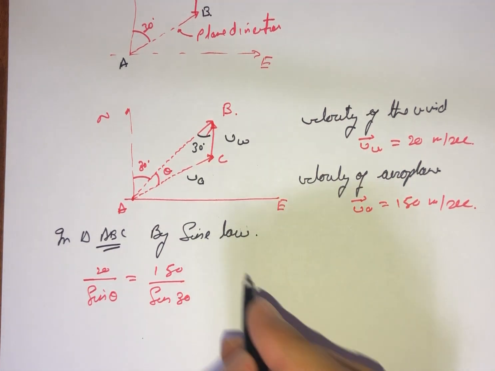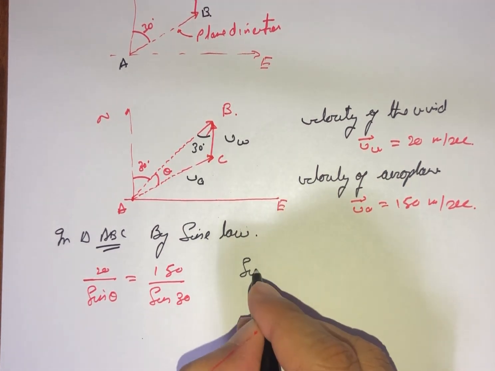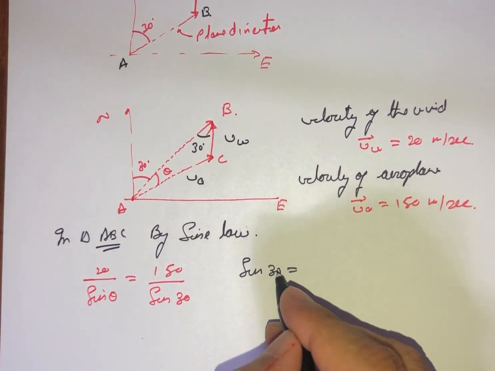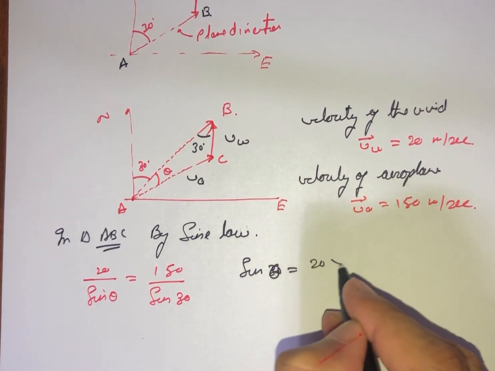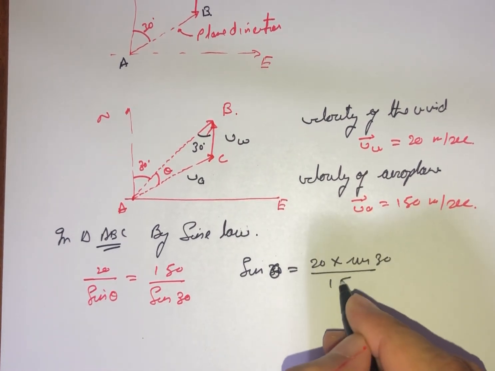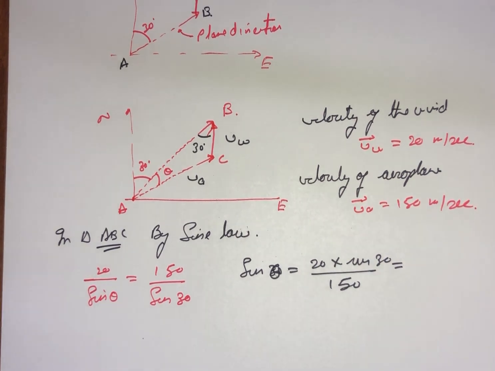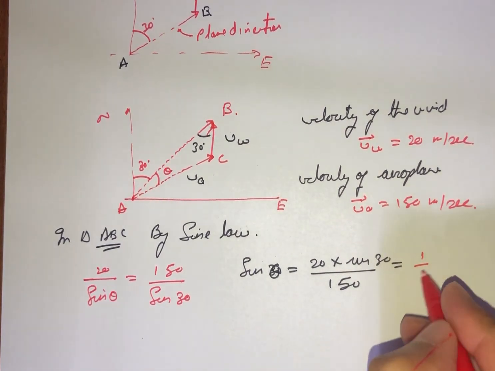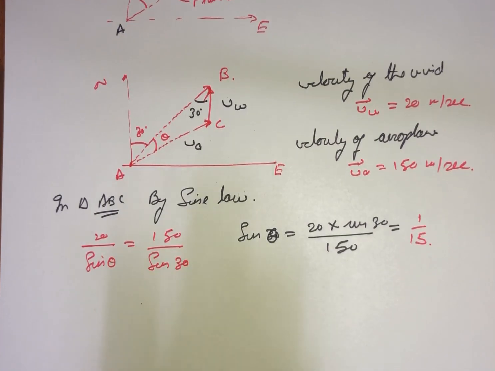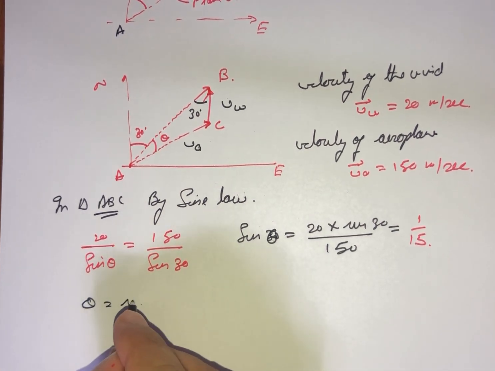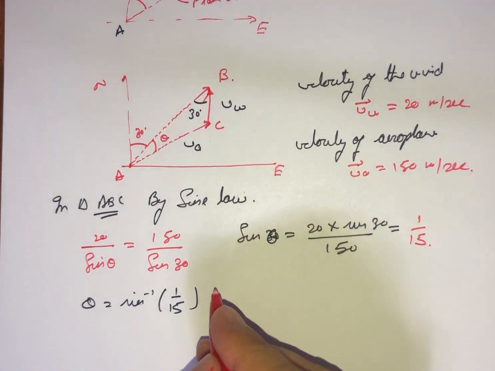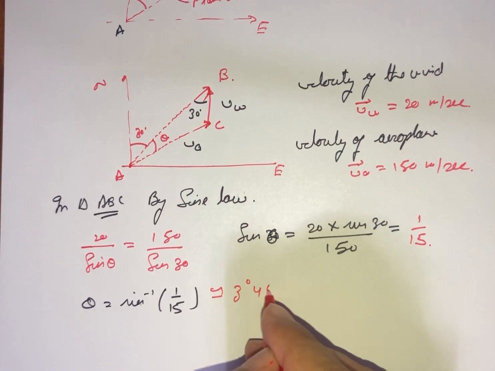So from here, sine of theta will equal 20 into sine of 30 divided by 150, and this will come as 1 upon 15. From here we can say that theta will be equal to sine inverse of 1 upon 15, and this is coming approximately as 3.48 degrees.